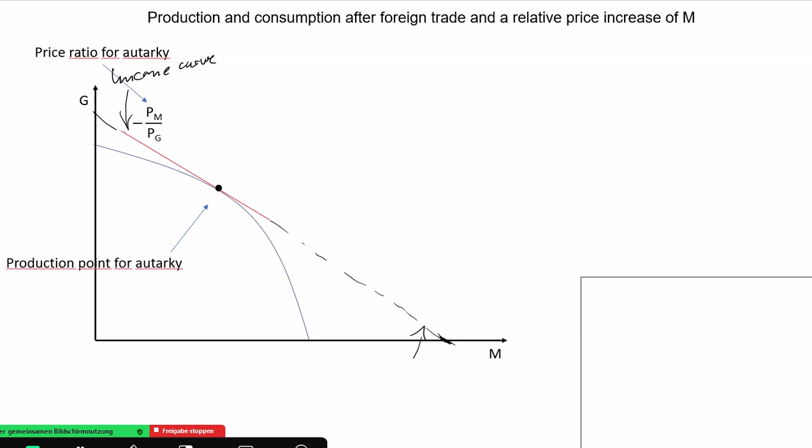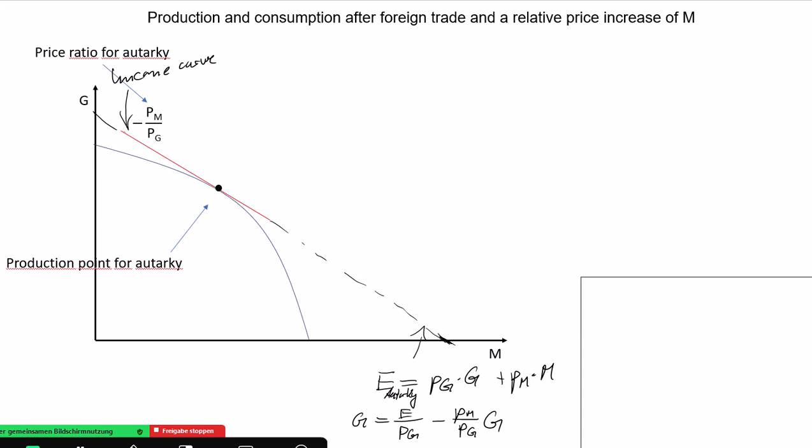This is nothing else than E, or let's say E under autarky, equals price of wheat times wheat plus price of machinery times machinery. And I think you have also solved this in your microeconomic course as G equals E over PG minus PM over PG times G.